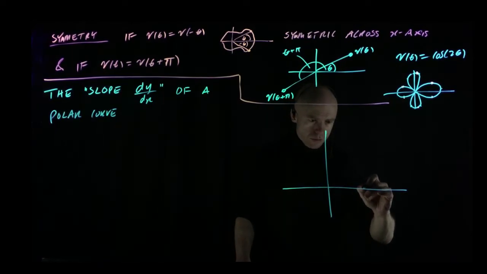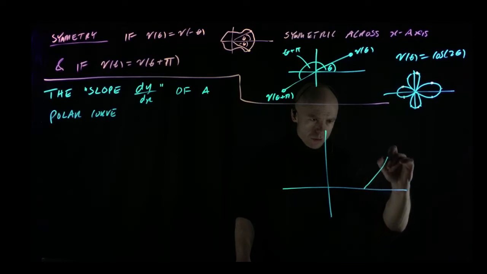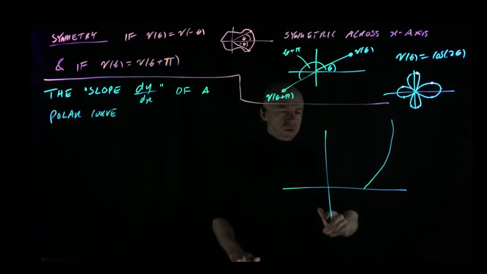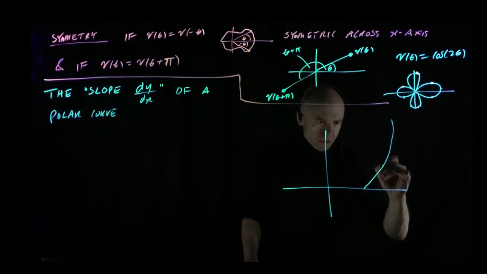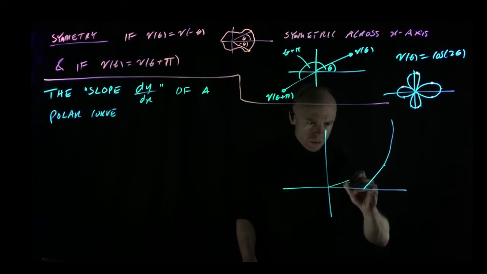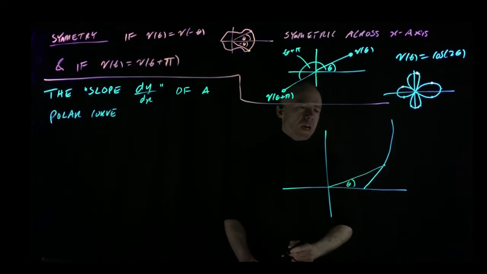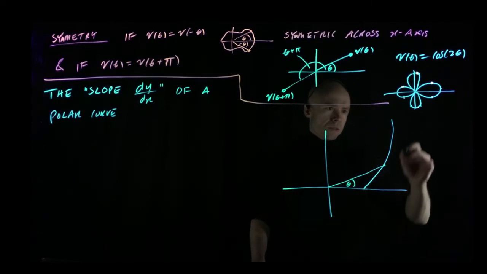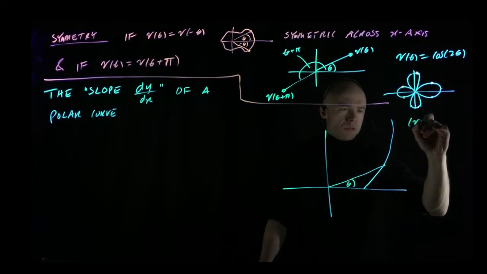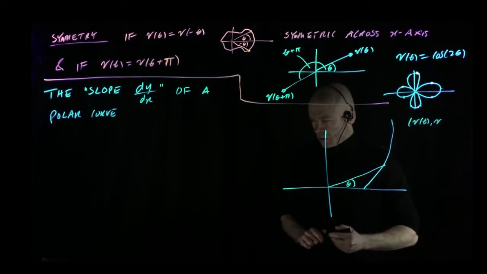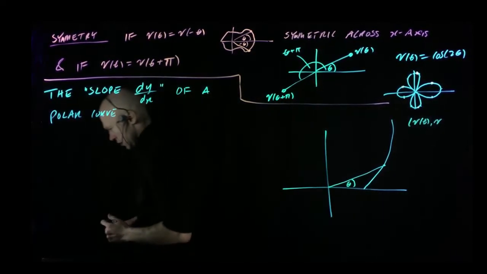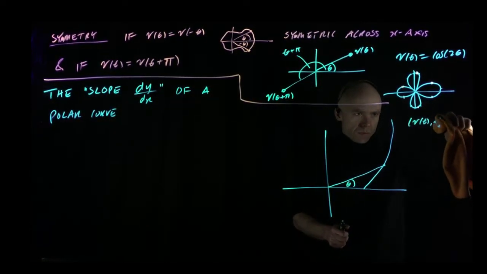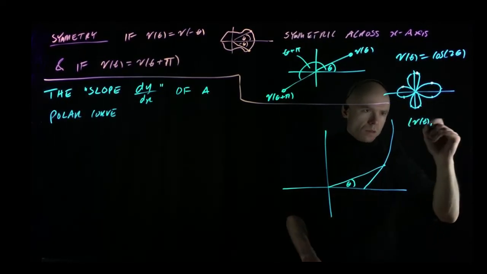Suppose you have a polar curve which is doing something like this, and suppose you want to figure out its slope at some particular angle. Suppose this is the angle we're interested in. This is angle theta, and we want to know the slope of this curve at theta. So this is our curve, r of theta.